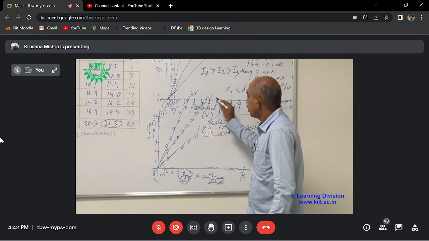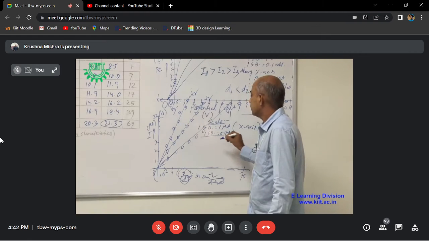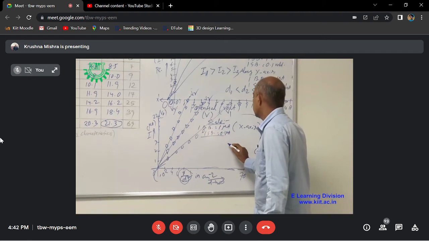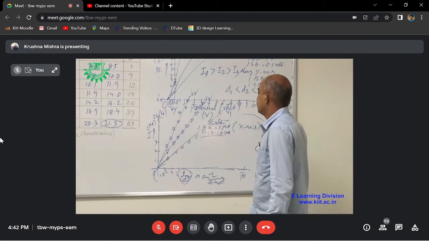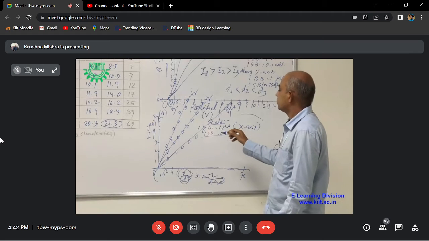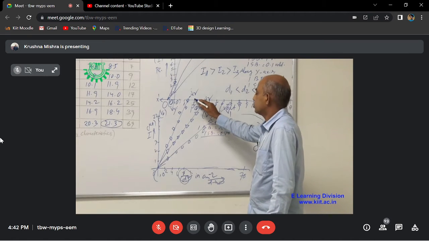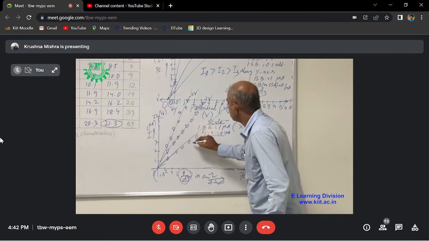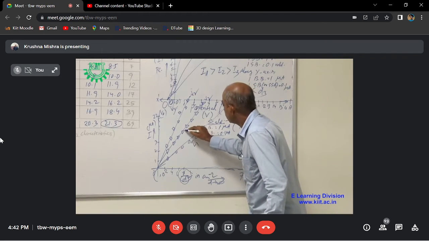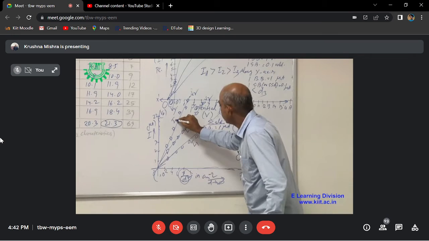If we compare the entire three lines, here V1, this is V2, this is V3, for different voltages, suppose the currents are I1, I2, I3.